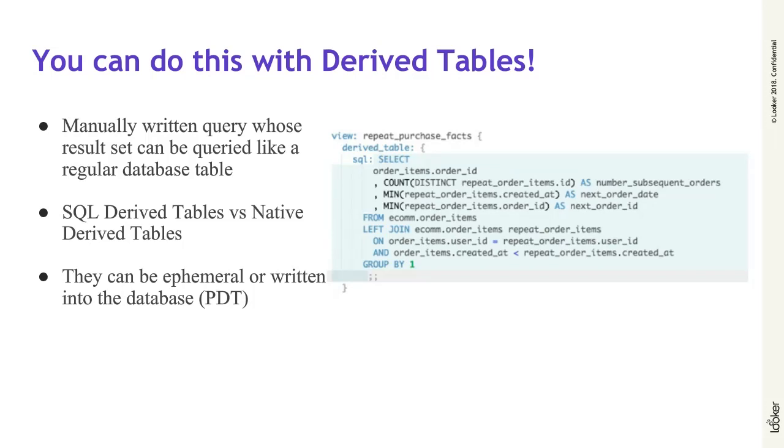So that's ephemeral derived tables, and then the other type of derived tables, we can actually physically write them into your database, and that's what we call a persistent derived table, or a PDT for short.